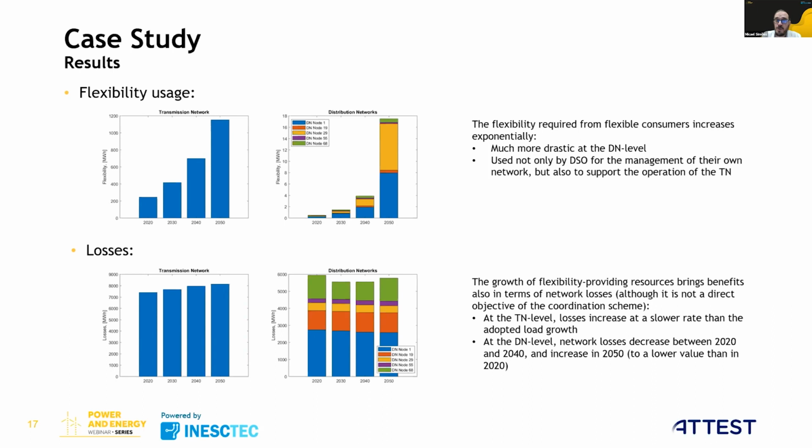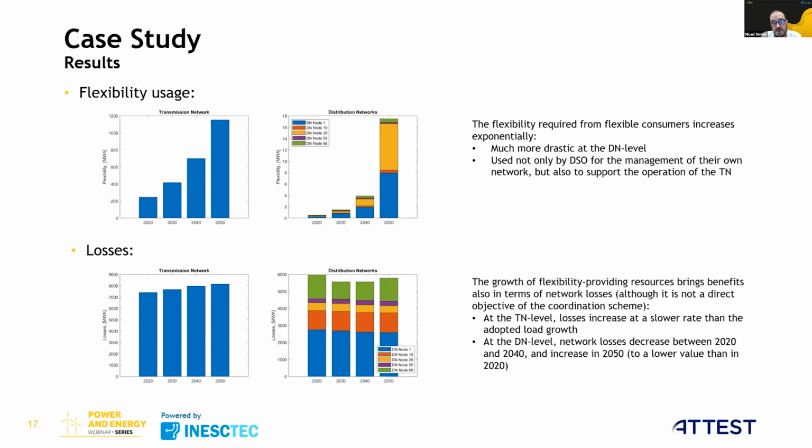On the bottom, we can see the evolution of energy losses over the planning period. As it's possible to see, at the transmission level, it will increase pretty much on a linear basis, so much less than what would be expected, since the load growth is exponential.